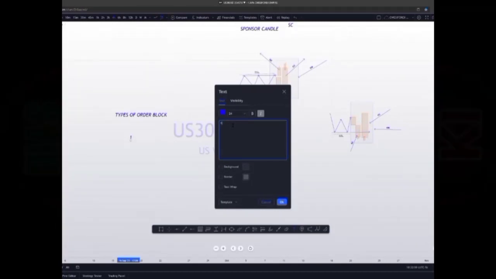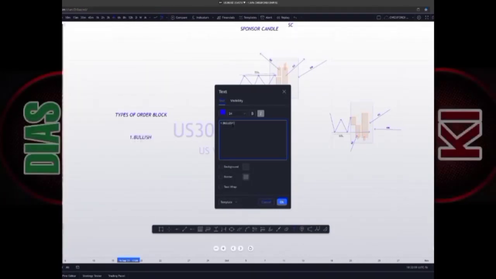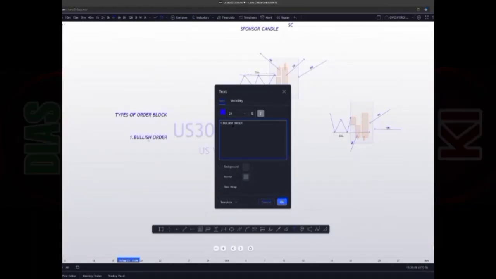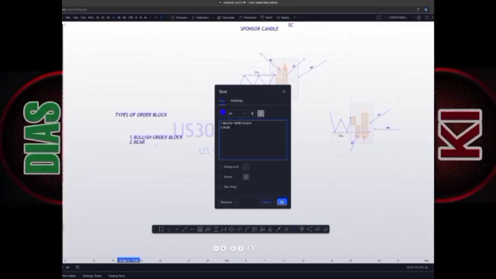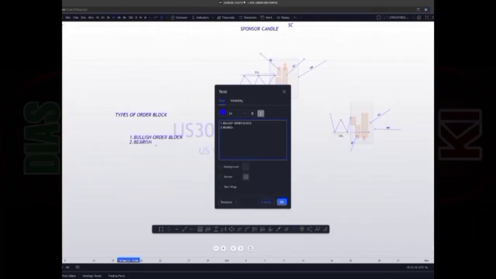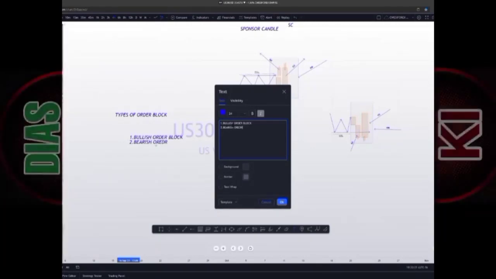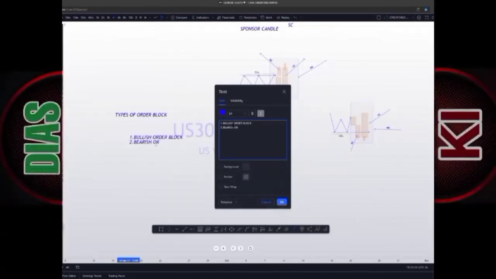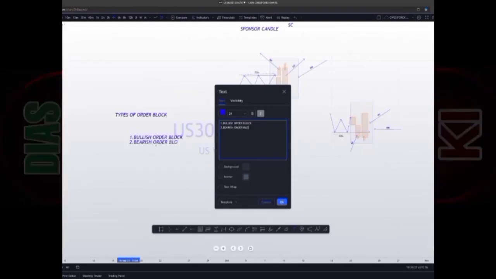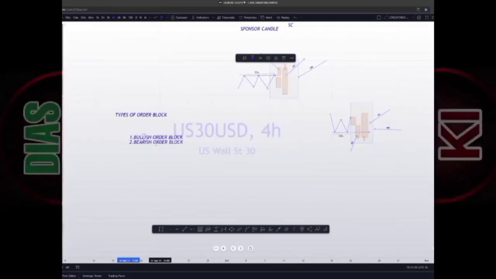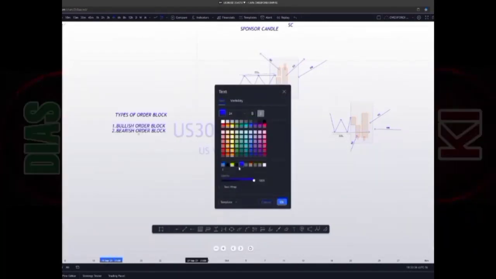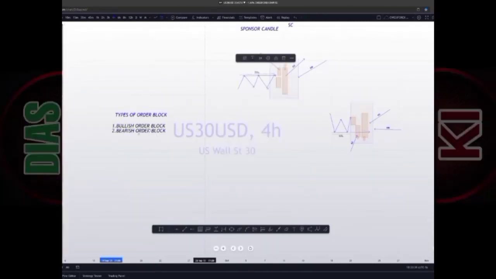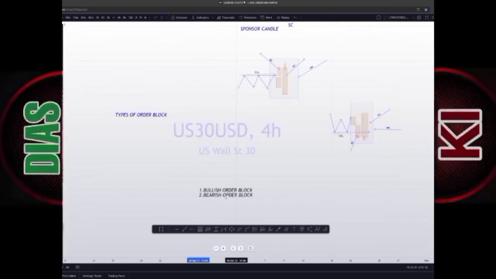Have the bullish order block, and the bearish order block. So these are the two types of order blocks we have in the market.